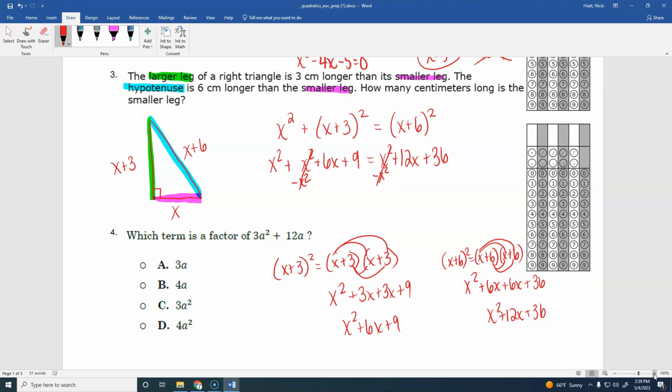I'm going to subtract my 12x right here and subtract my 36 right here. So I will have x squared minus 6x minus 27 equals 0.